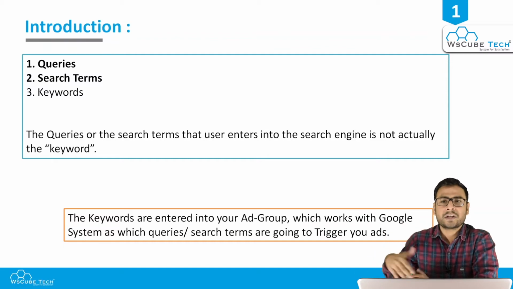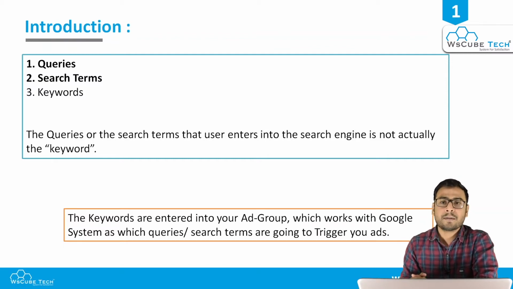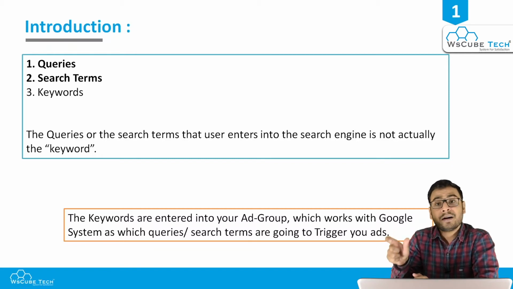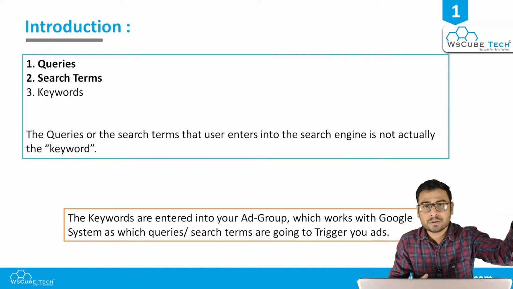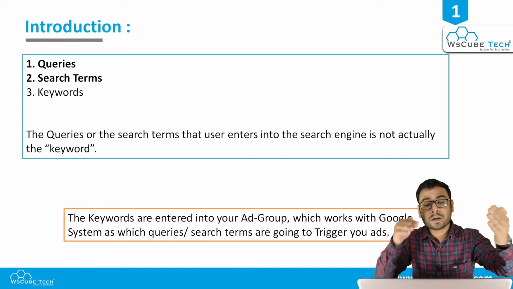There are other keyword match types also that we will discuss later, but for now if we consider it as a broad match keyword, whatever keyword is in our ad group can trigger ads based on what the user is searching. So there is a difference between what the user is searching and what is in your ad group.